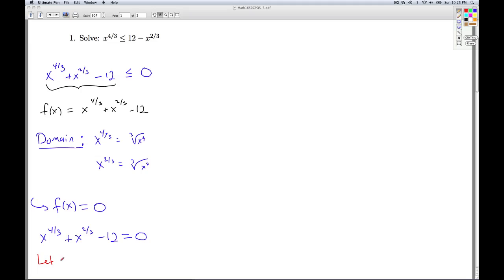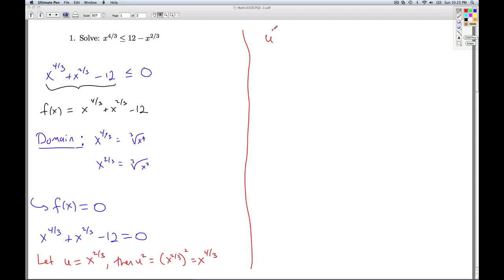So I'm going to let u be x to the smaller exponent, x to the 2/3. Then that means u squared is going to be x to the 2/3 squared, which is x to the 4/3. And so in the land of u, the equation x to the 4/3 plus x to the 2/3 minus 12 equals 0 turns into u squared plus u minus 12 is 0.